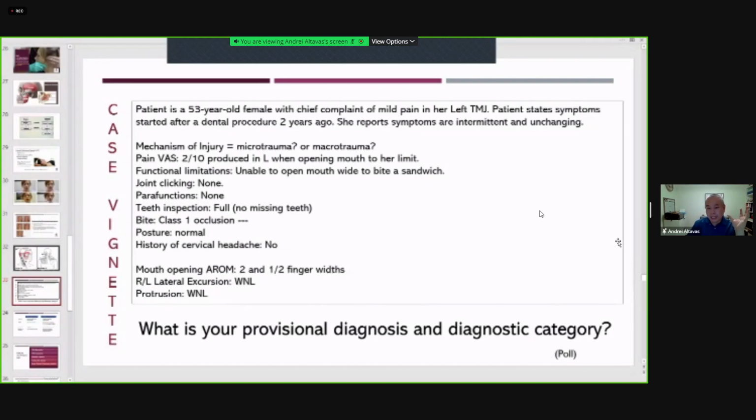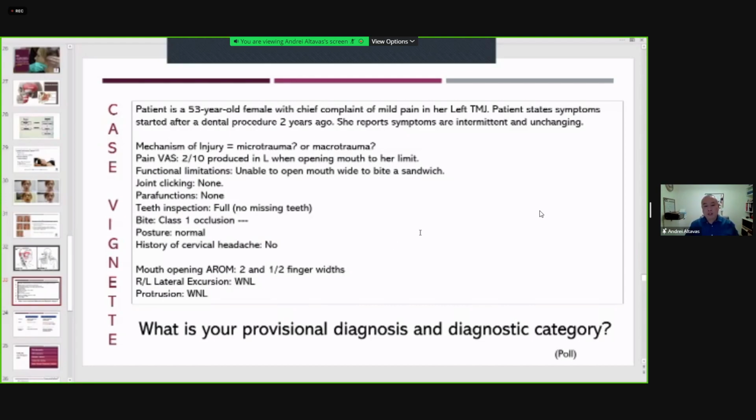Grinding at night. A lot of patients with TMJ disorders have grinding. One of the dental appliances prescribed to patients with bruxism is a mouth guard at night. Basically, it separates your teeth while you're sleeping and prevents you from grinding.